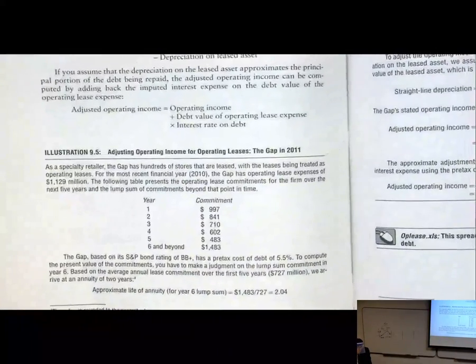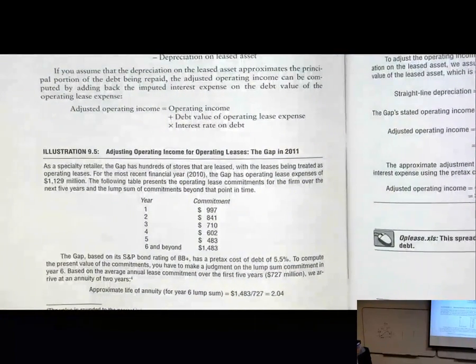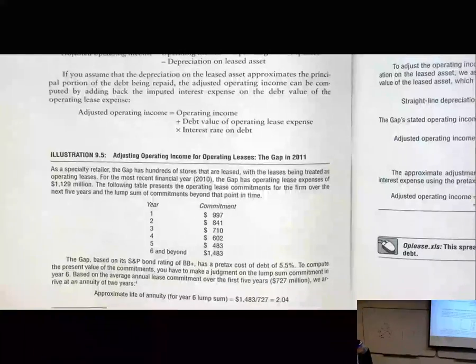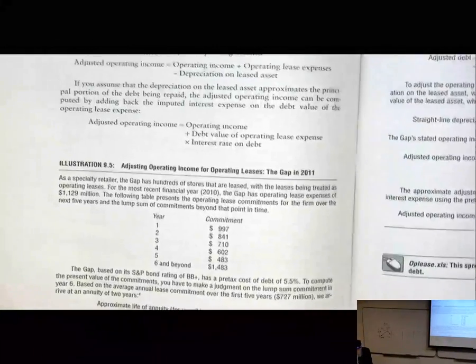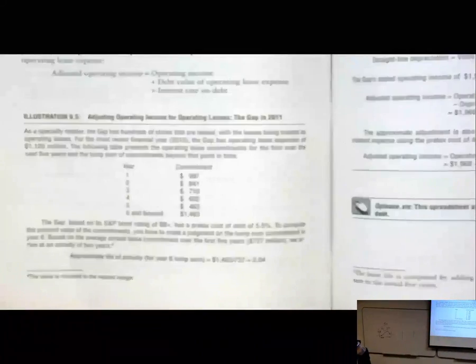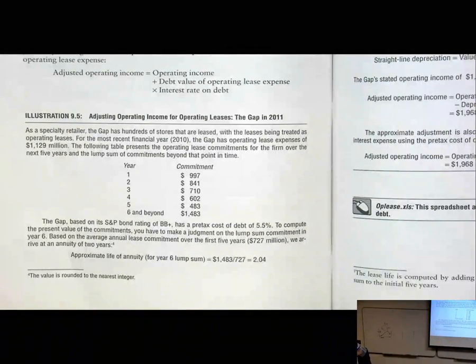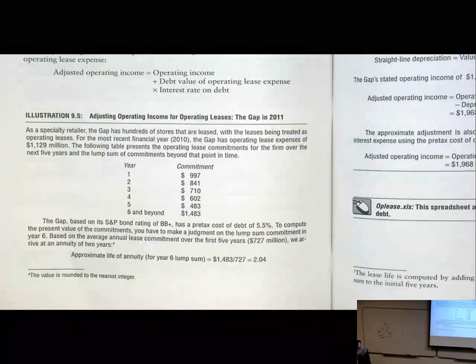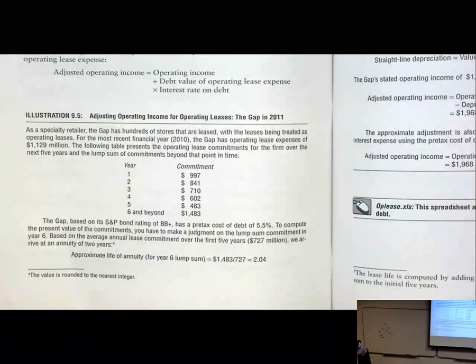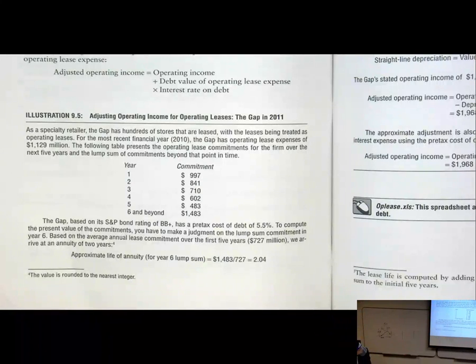Gap, a retailer. They rent a lot of space, and let's say they have a lease agreement for the future years. For the next year, $997 million rent, and so on and so forth. That's the future rent they need to pay.